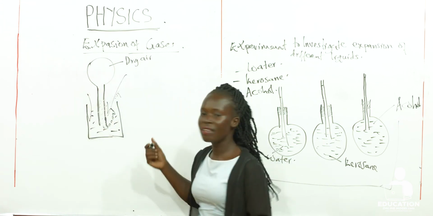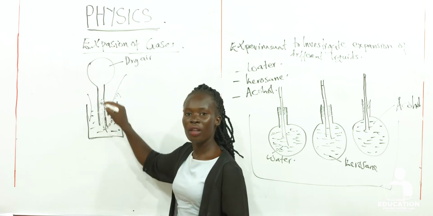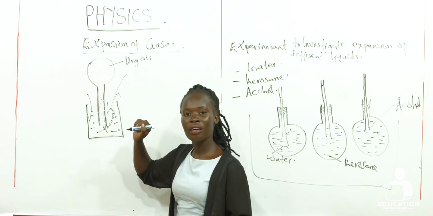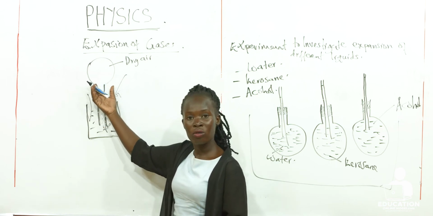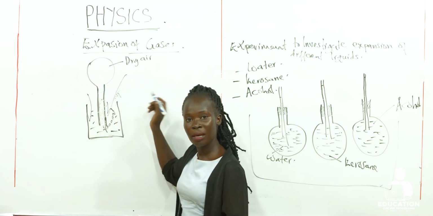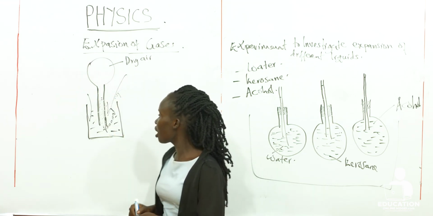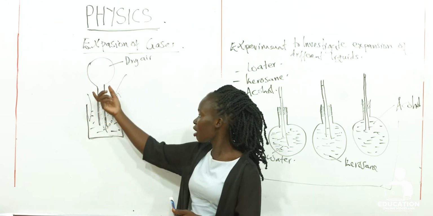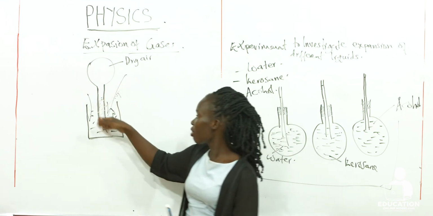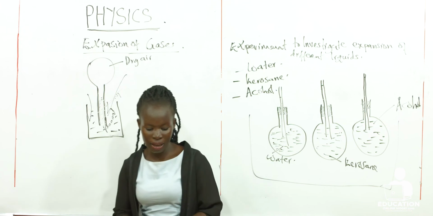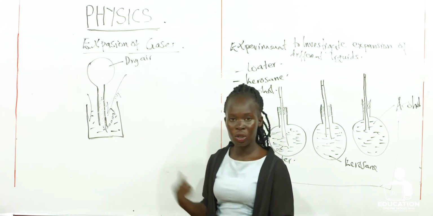It is this atmospheric pressure that forces the liquid to rise into the tube, because you already pushed the air out. You saw it as the bubbles coming out. So the rise is caused by the reduction in the pressure in the tube, and the atmospheric pressure being greater than the pressure inside here. So you see that it also has its application.